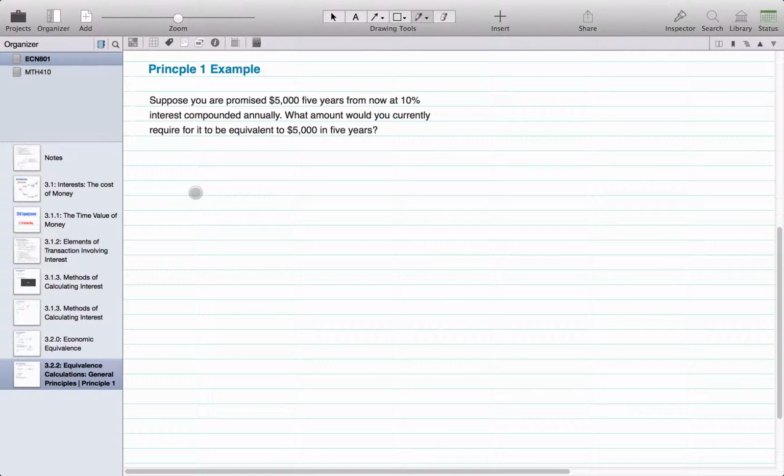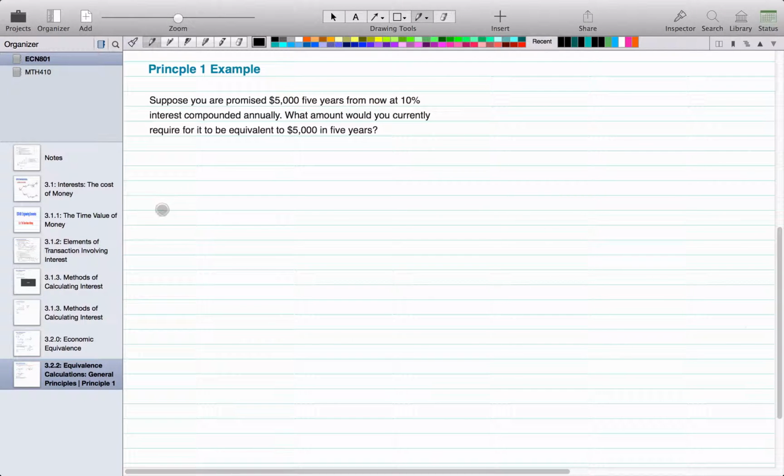So you're offered one cash flow, which is you get $5,000, and this is 0, 1, 2, 3, 4, 5. These are your periods.